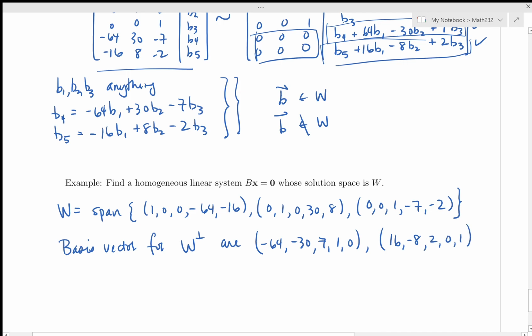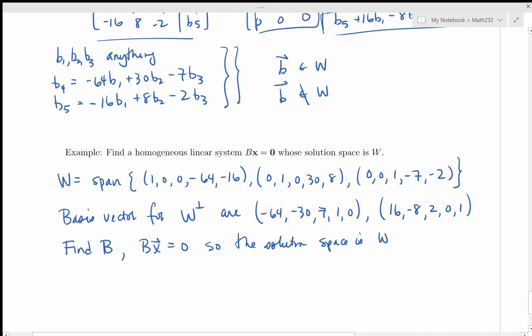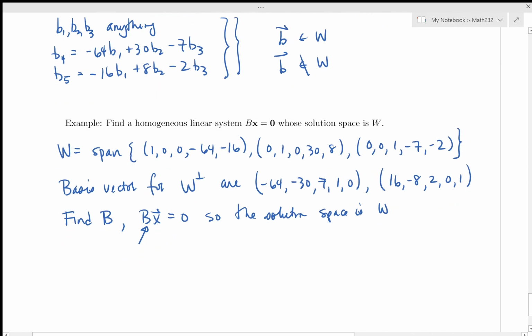Now I want to find B such that Bx equals 0, so the solution space is W. What do I claim here? I'm claiming that matrix B is in fact the basis vectors for the orthogonal complement as rows.